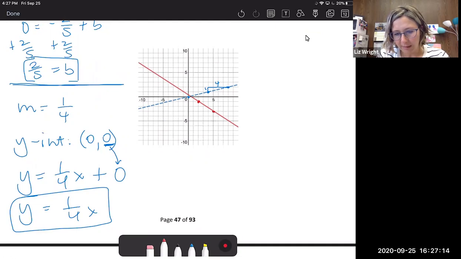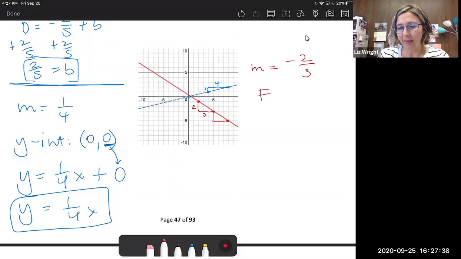So it looks like it's down 2, right 3, and then let's check another, down 2, right 3, and that looks about right. So that means my slope is going to be -2/3. So again, we've got 2 here and then 3, and it's going down and to the right, so it's going to be negative. And then my y-intercept, we're going to have to find it.